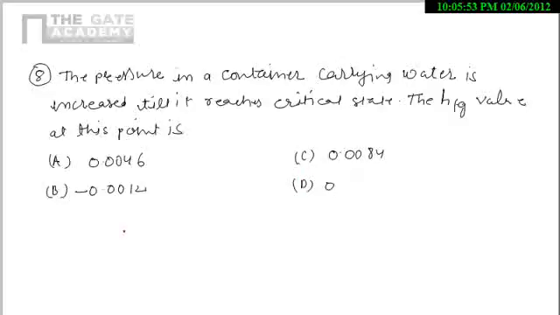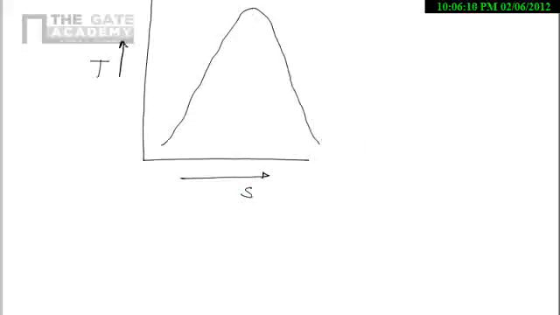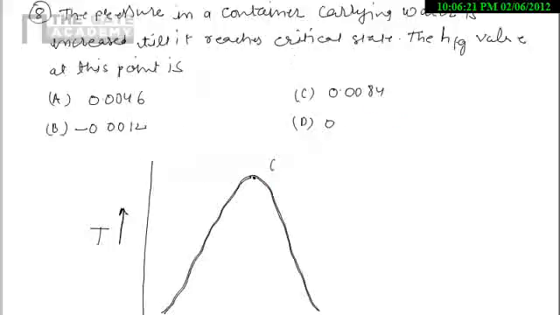So now I will draw the T-s diagram for our understanding of critical state. Here I am showing the temperature on the y-axis and entropy on the x-axis, and I am having this dome. Here we have already discussed. Here it is showing the saturated liquid, and here it is showing the saturated vapor, and this one is the critical point.